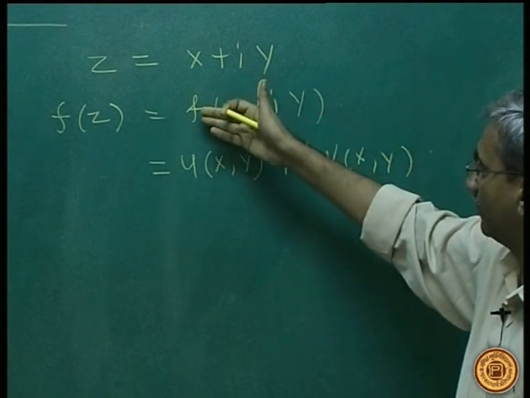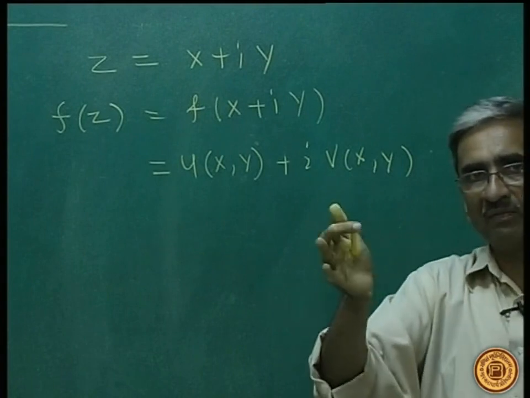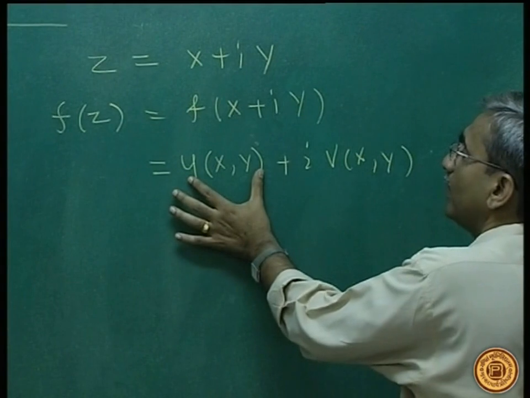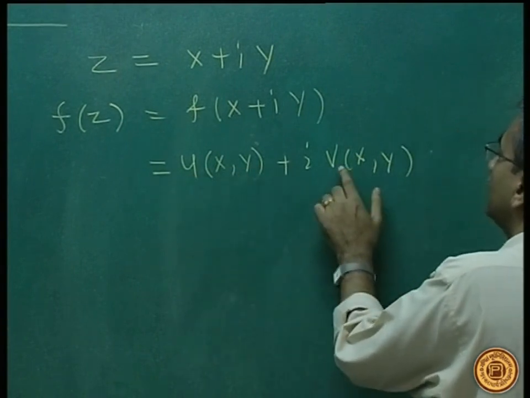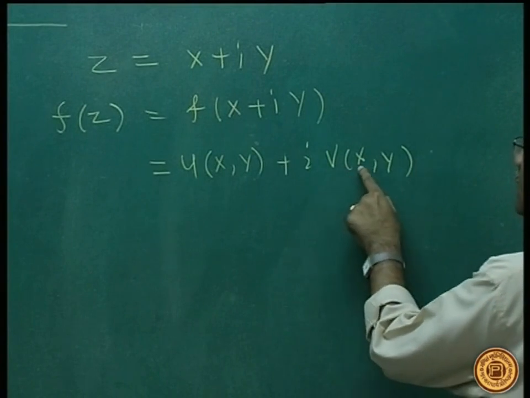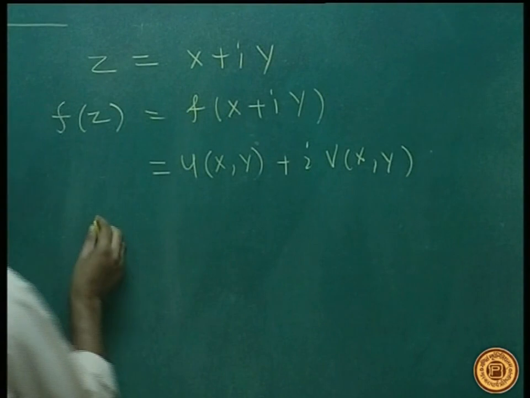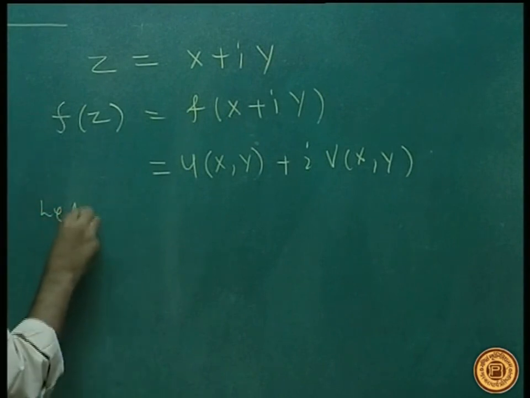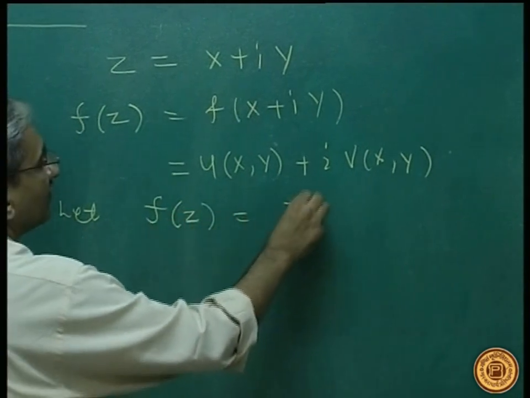Now you know the function f, so you operate it on this, and when you separate out real and imaginary part, you will get some function u of x, y of variables x and y, and some other function which we have denoted v of x, y as function of x and y. Let me give you an example. So suppose, let f of z equal to z square.